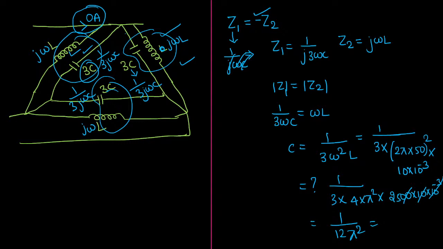See, I'm getting 0.0084. Any mistake here? The answer is not given, I'm just substituting. 0.0084 farad, or we can write this as 8.4 millifarad. So that is the value of the capacitor.